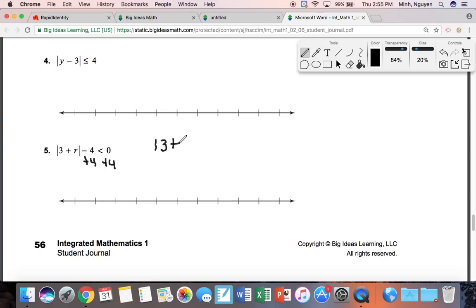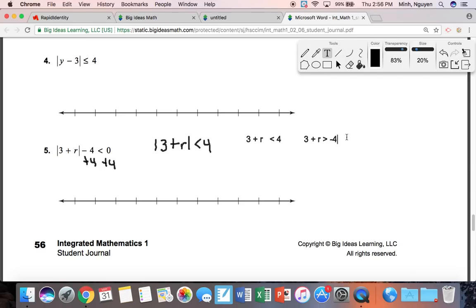3 plus r less than 4. So now our two expressions are, I'm just going to type it out. I'll add the symbols later. 3 plus r less than 4, and then 3 plus r greater than negative 4.